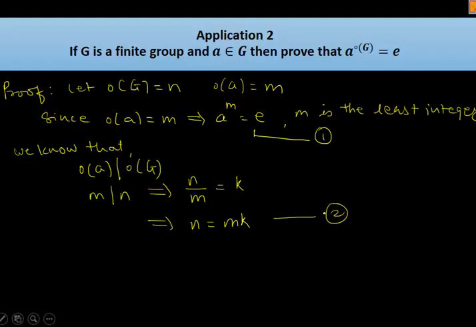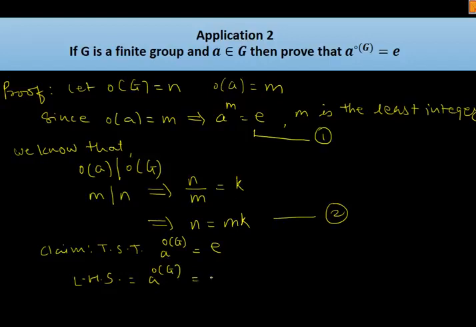Now what we want to show is that a to the power order of G is equal to e. So we write the claim: to show that a to the power order of G is equal to e. Consider the LHS, left hand side, a to the power order of G. It is equal to a to the power n, and from equation 2, n is equal to m times k.